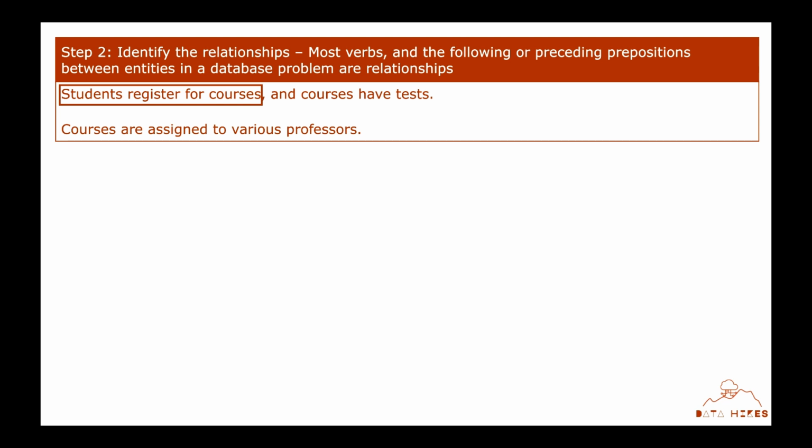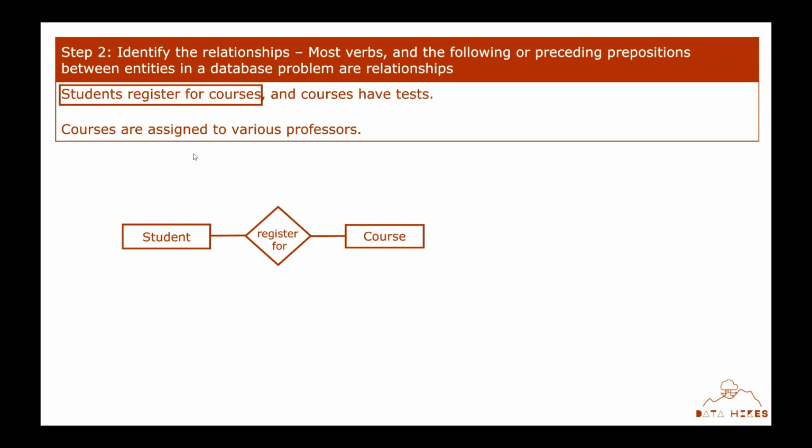Hence, we can build our first relationship, which is represented by a diamond in an ER diagram, something like this, where it's connected to each entity on both sides. As we know, the statement is read from left to right. So student registers for course. This is the first relationship we have.